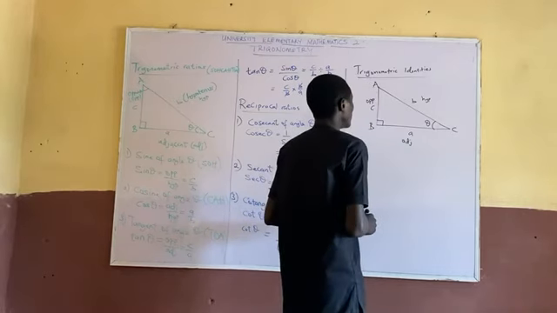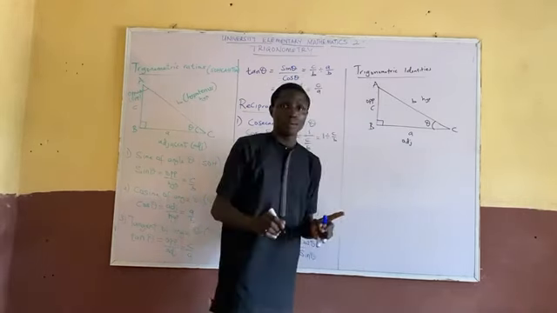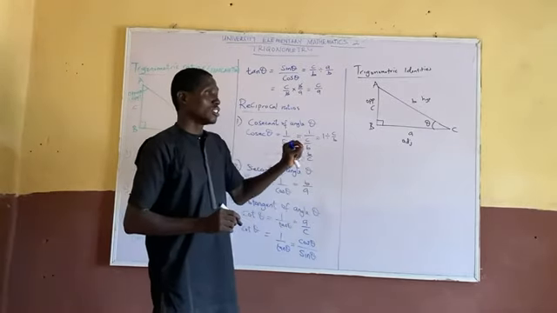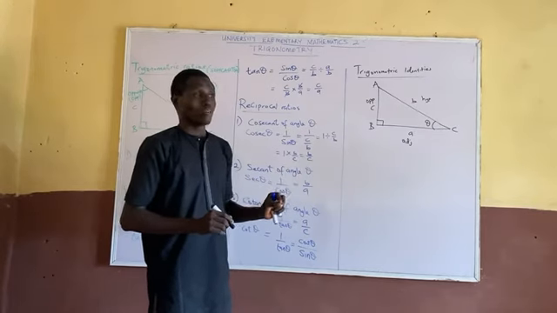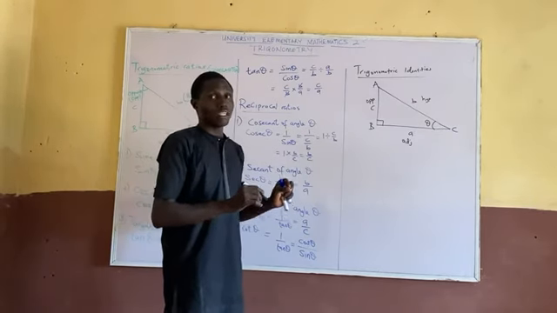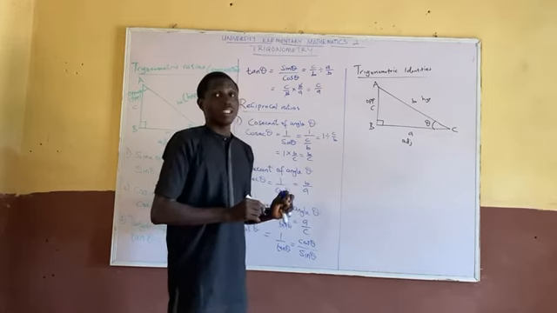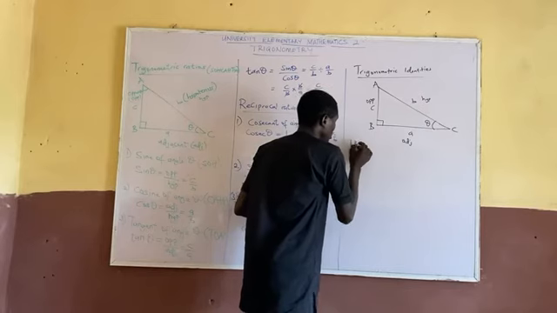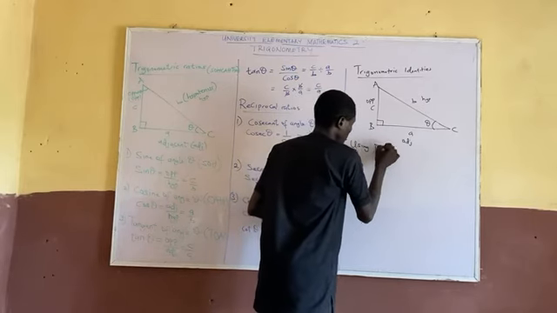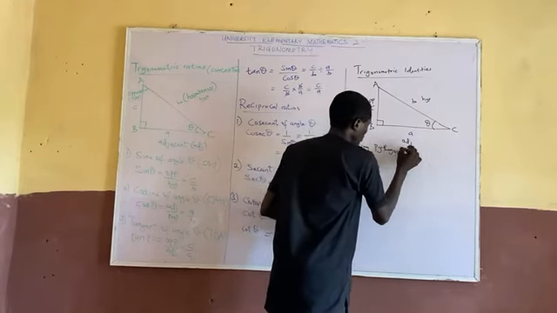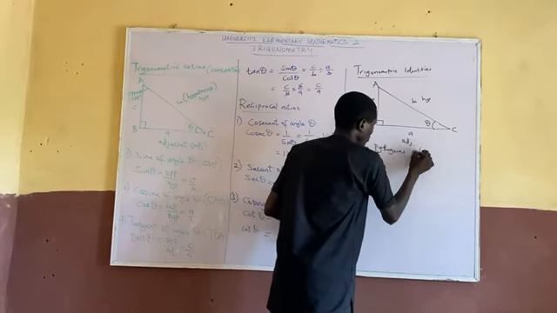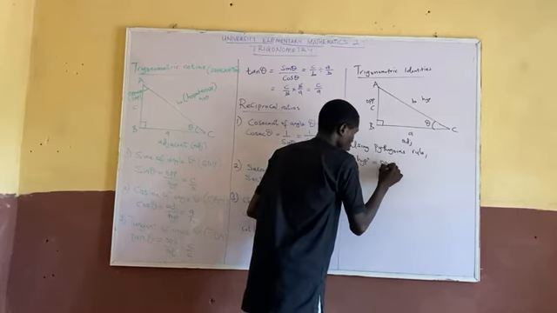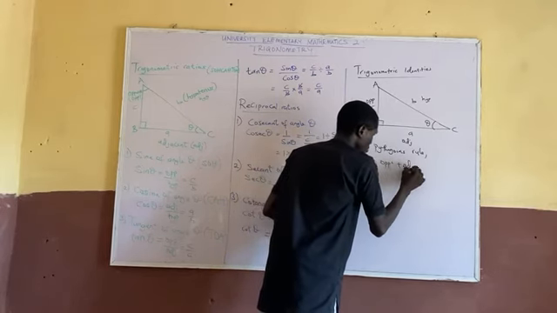Now from here, in order to get our trigonometric identity, we have to apply another rule that is very applicable to trigonometric ratios, which is Pythagoras theorem. Whenever we are finding the sides of a right angle triangle, we can use this rule. Using Pythagoras rule, hypotenuse square equals opposite square plus adjacent square.